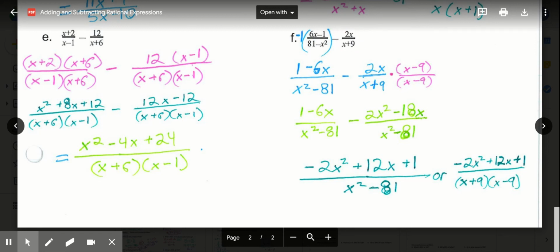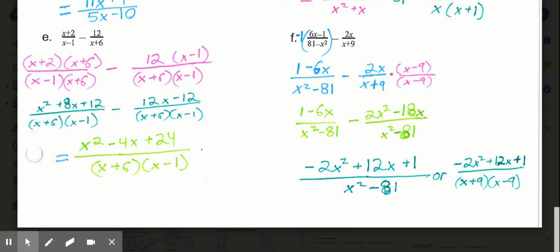So if I multiply by negative 1, that just flips the order and the values on top and bottom. So negative 1 multiplied by the top and bottom on the left becomes 1 minus 6x over x squared minus 81.